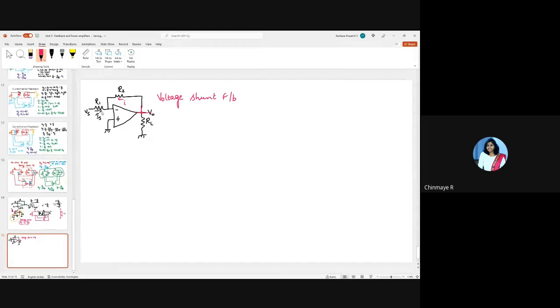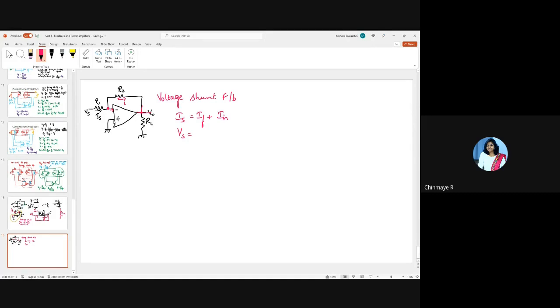Also, you can see that you can express now Is is equal to If plus In. Correct? If you apply a KCL at this point, you can express Is is equal to If plus In. Is it clear? Whereas, do you think you can express now Vs is equal to Vf plus Vn?